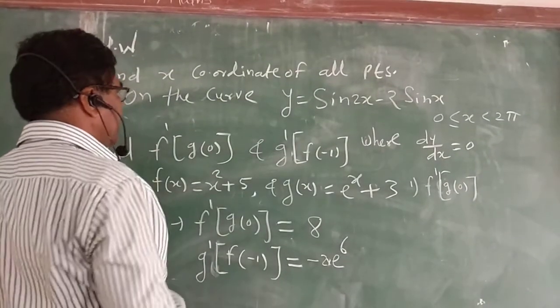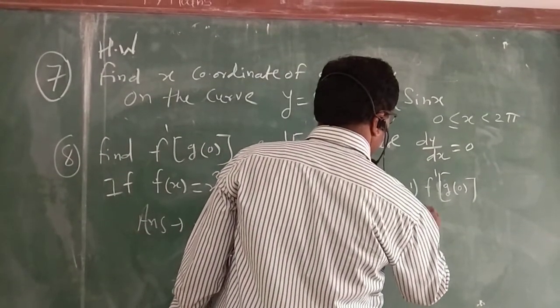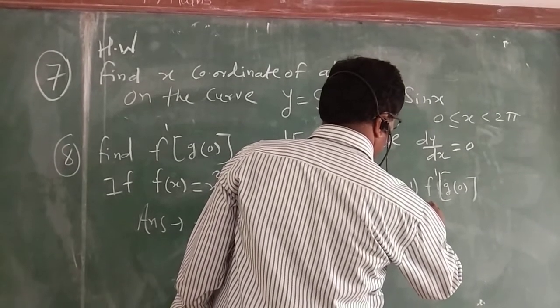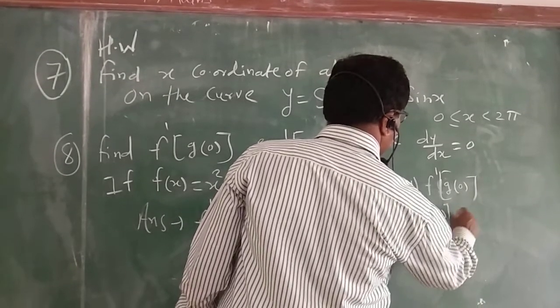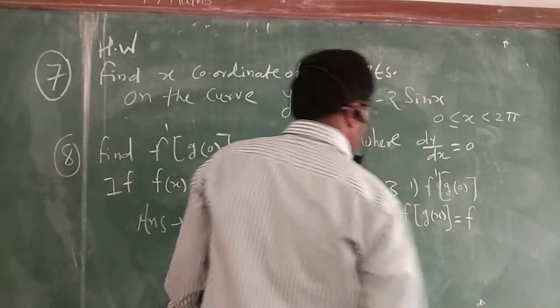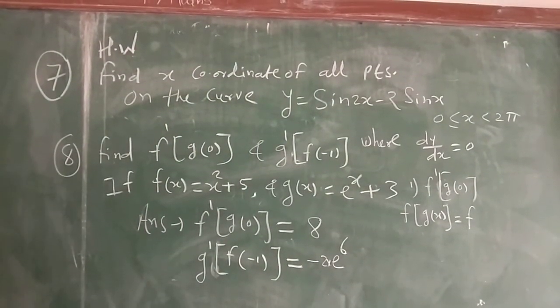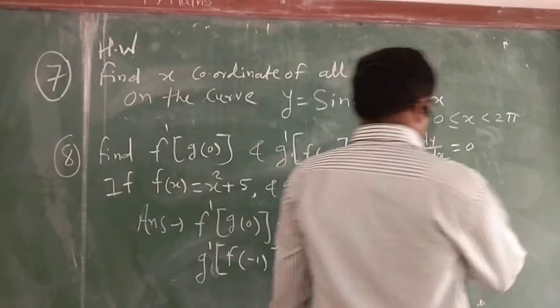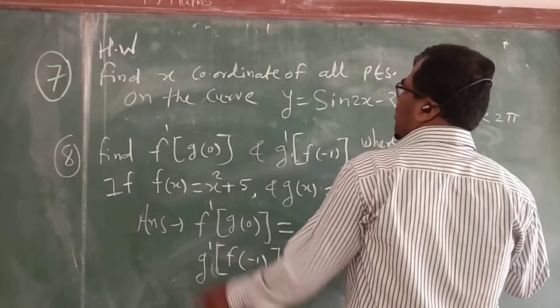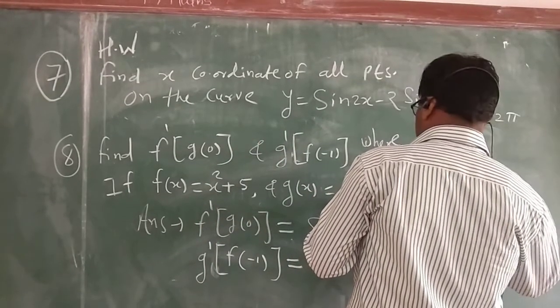First we find f of g of x, where g of x equal to e raised to x plus 3.